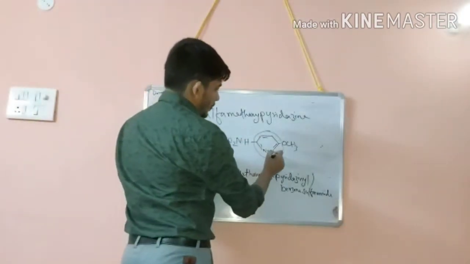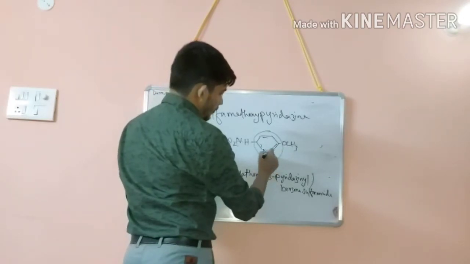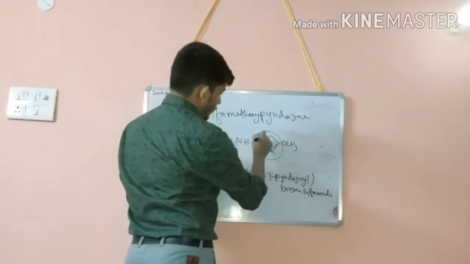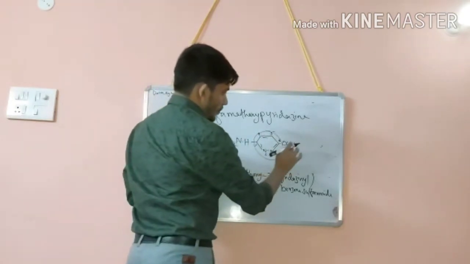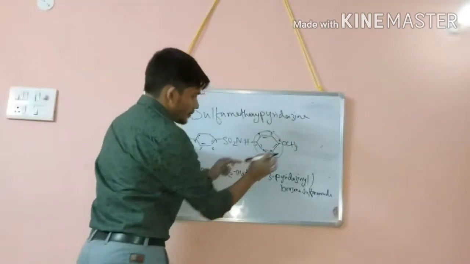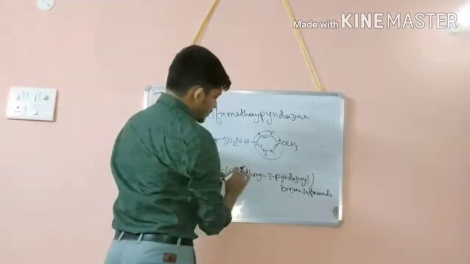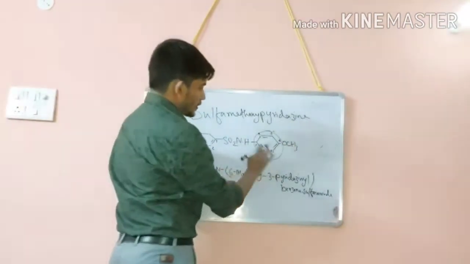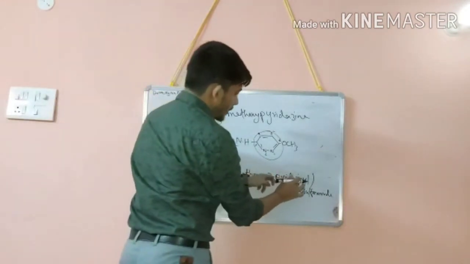We number this pyridazine ring from here 1, 2, 3, 4, 5 and 6. In the 6th position the methoxy group, CH3O, is attached: one carbon, meth, with oxygen, so methoxy. So 6-methoxy.